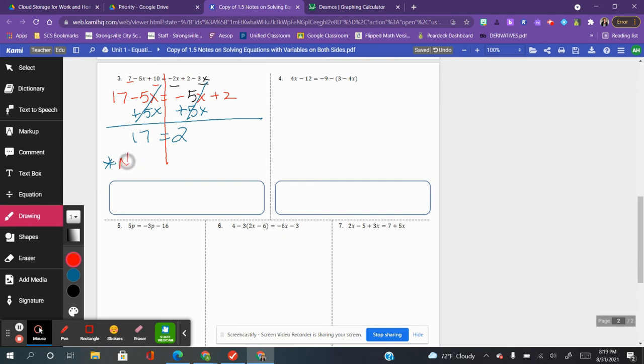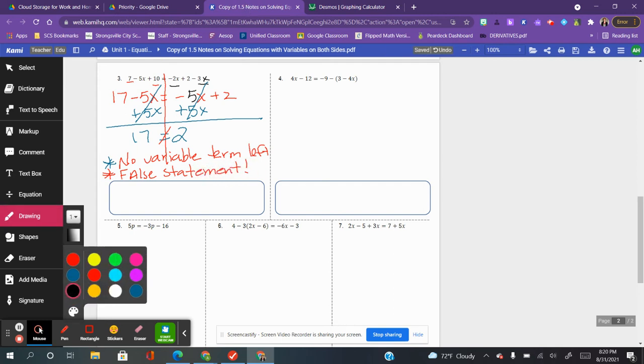I have no variable term left, and I have a false statement. 17 does not equal 2. When this happens, we say that my final answer is no solution.